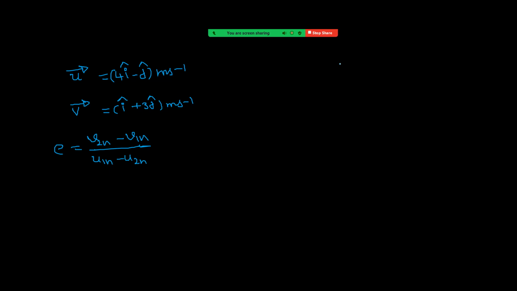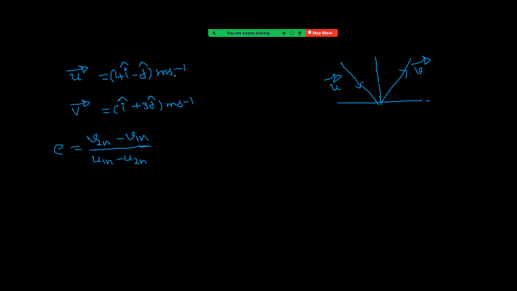Right? See how, for example, this is a floor. This is the common normal. This is u bar and this is v bar. We want their components along the common normal. Okay. Then see what I can do here.